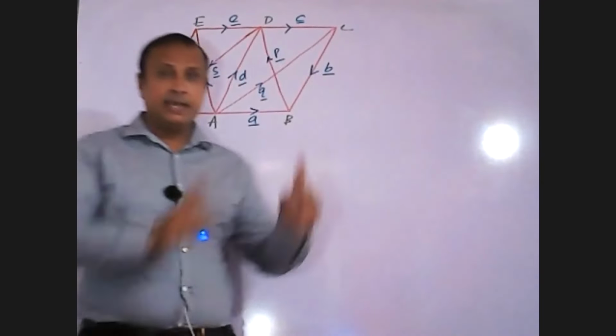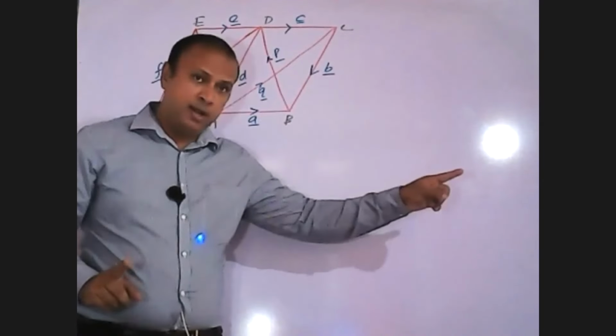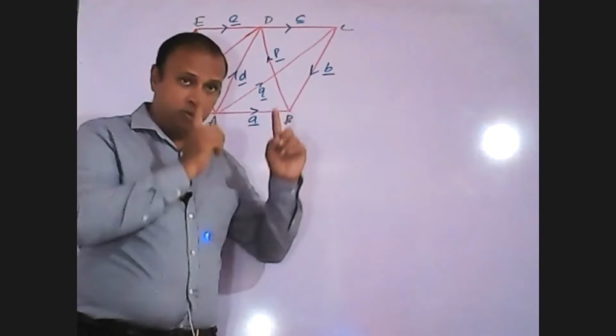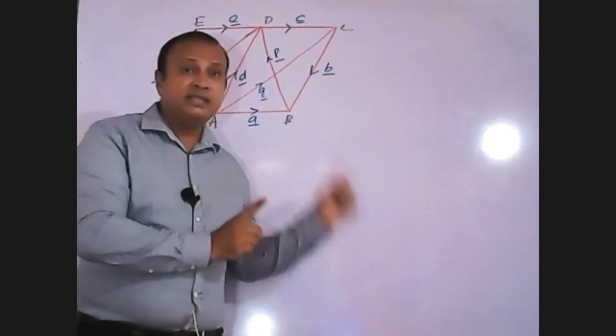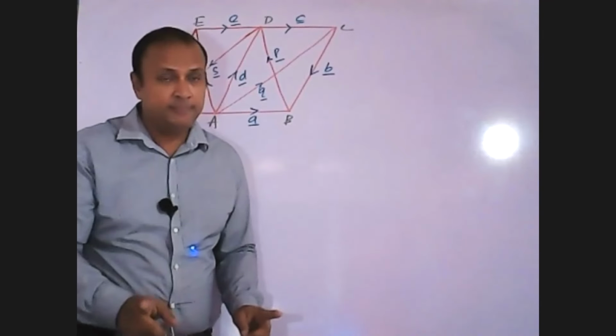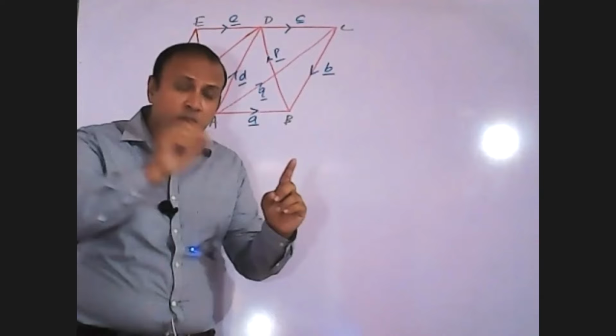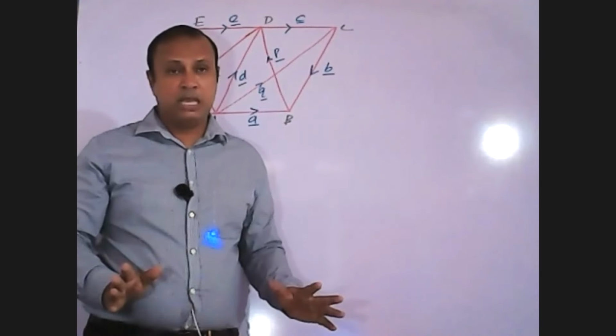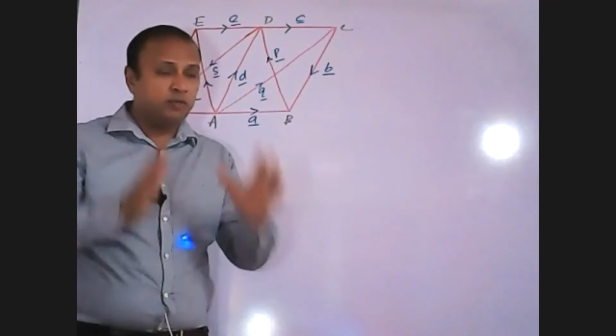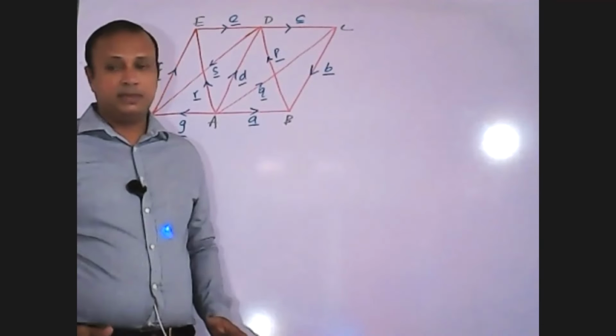Look at the three things. Length should be equal. Then both line segments should be parallel to each other. Then the arrowhead should be equal. Those are the three things to be fulfilled. What are those?